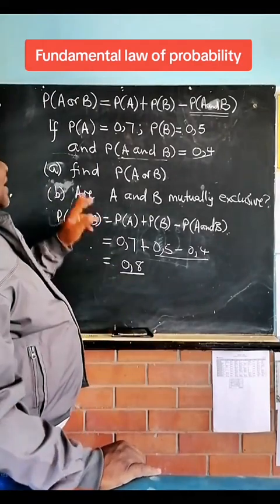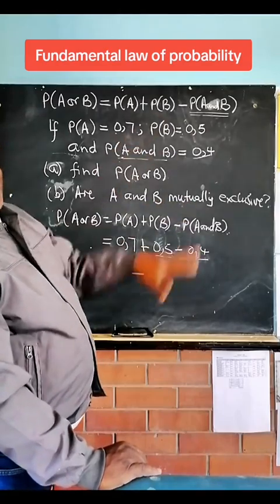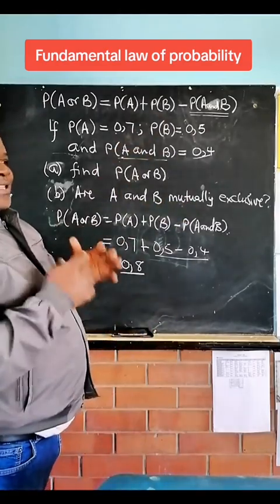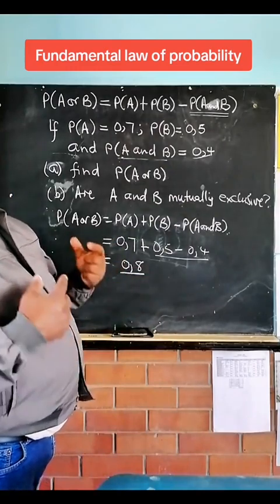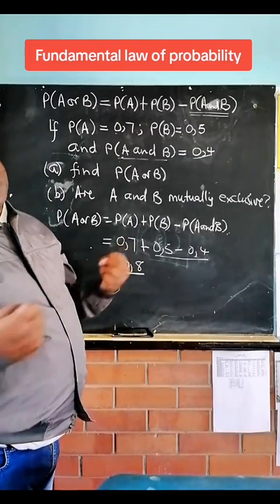Part B says, are the two events A and B mutually exclusive? Mutually exclusive events are those events that do not share any probability between them.